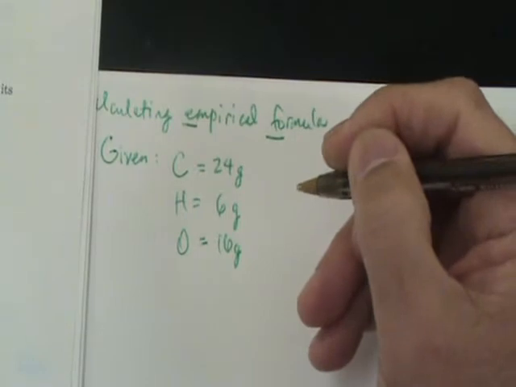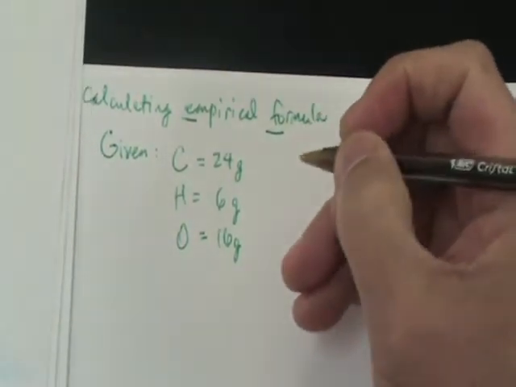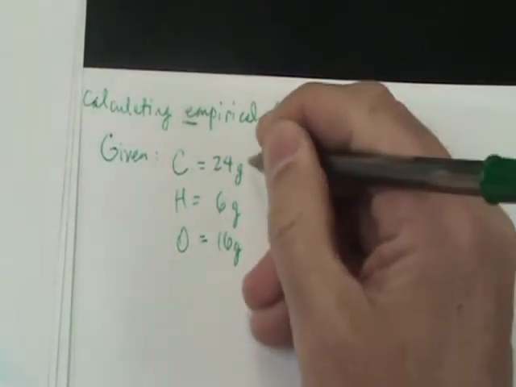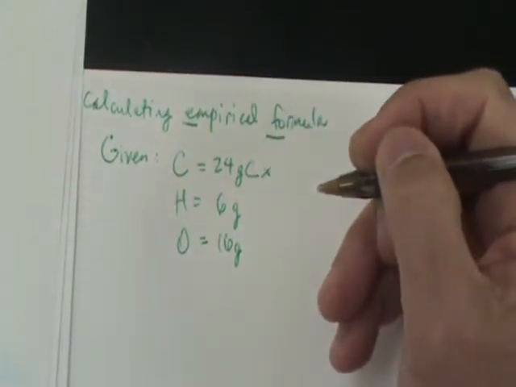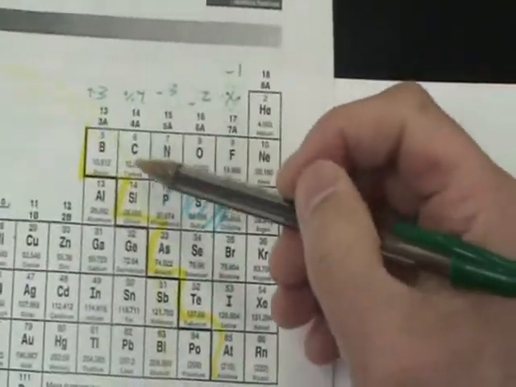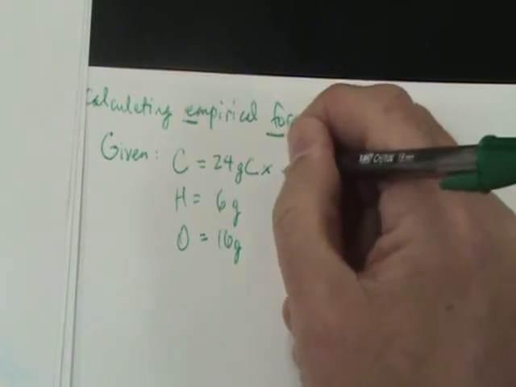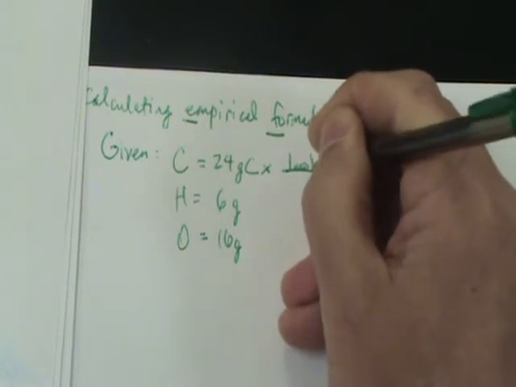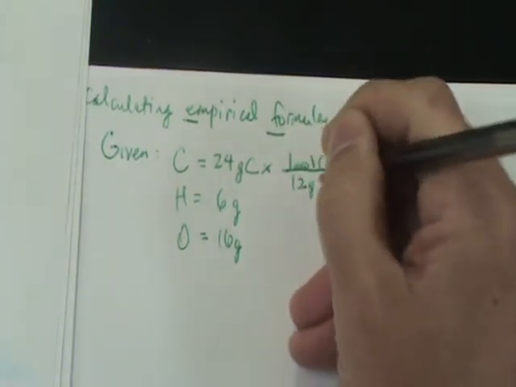Now what we have to do here is determine the number of moles for each compound. So for carbon, you already know this from your previous video. 1 mole is 12 grams, so we're going to multiply by 1 mole carbon over 12 grams.